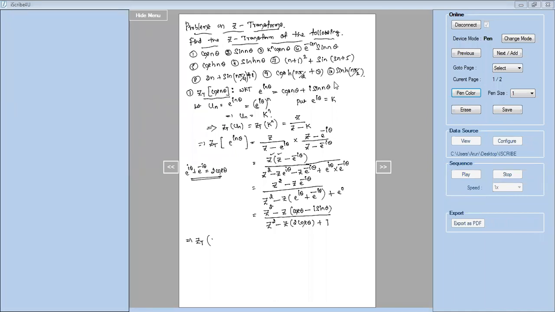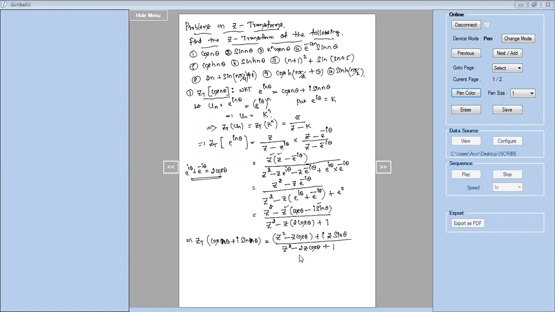I'll write the z transform of cos n theta plus I into sin n theta is equal to the right hand side, it is z square minus z cos theta, real term, then this term, minus of minus is plus, I into z sin theta, divided by the denominator, it is z square minus 2z cos theta plus 1. Right? So e power I n theta I have substituted from this step.